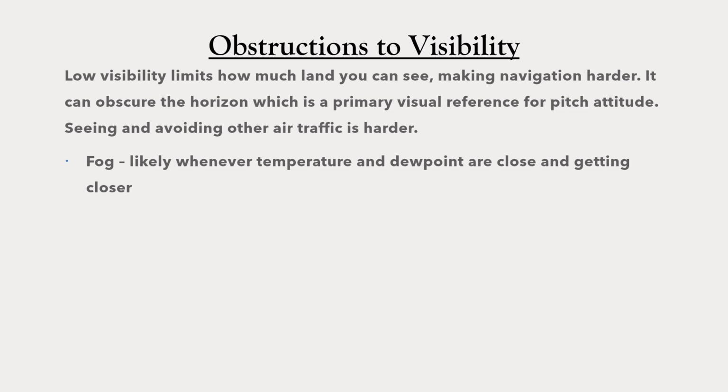But fog is going to dramatically reduce the visibility when it happens. Rain, usually the type of rain that is associated with a warm front, visibility tends to be a big problem.